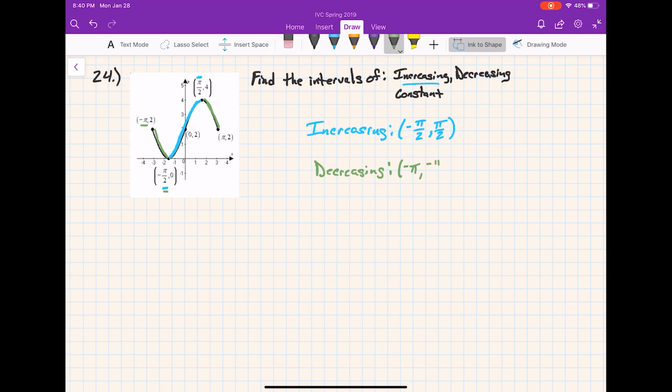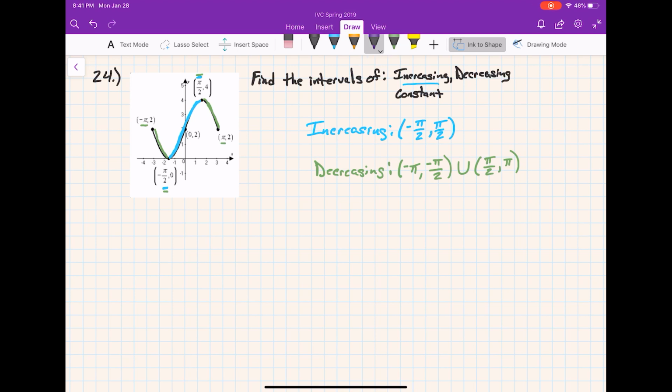So now we just add that to the coordinate. Now we're going to have a little gap here, so I'll just put the union sign because we have the gap between negative pi over 2 to pi over 2. But pi over 2 is where we start our next decrease, and we go to pi. So we'll put pi in here. And we're done with all the decreasing areas.